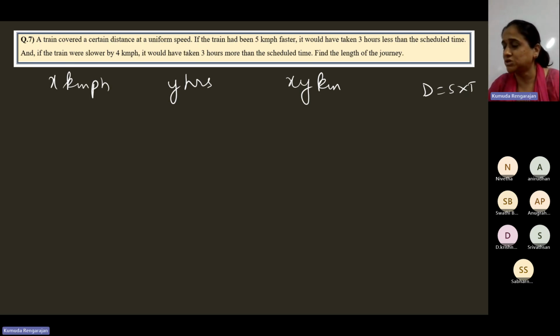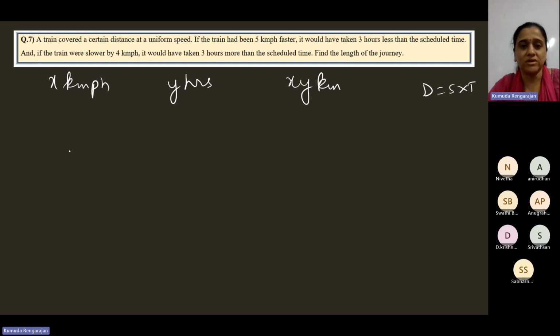We are assuming speed and time because in the question, when speed is altered, time is altered. So let the speed be x kilometers per hour and time be y hours. So the original length of the journey is xy kilometers.